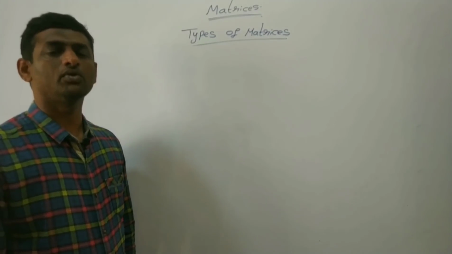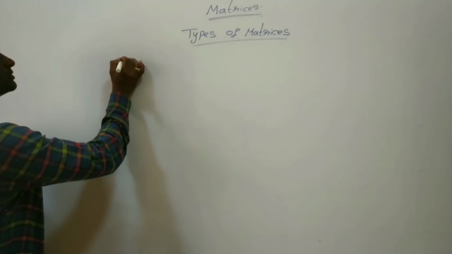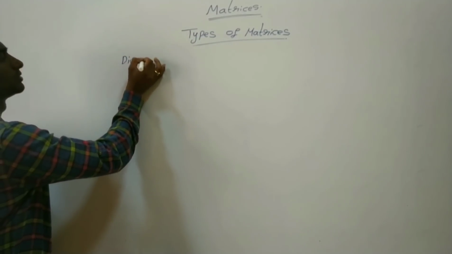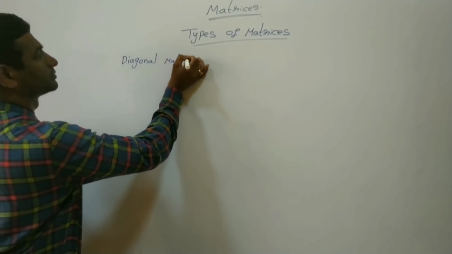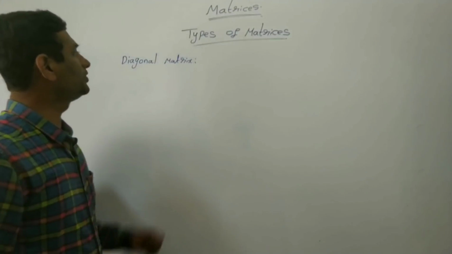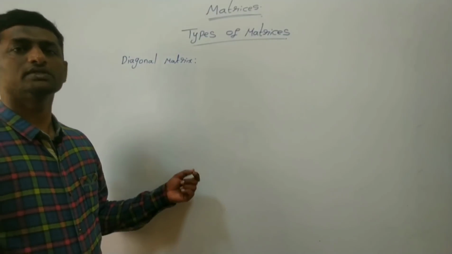Now we will see one more type of matrix, that is the diagonal matrix. Before going to the diagonal matrix, let's see what is a square matrix.